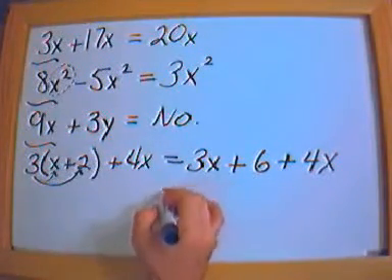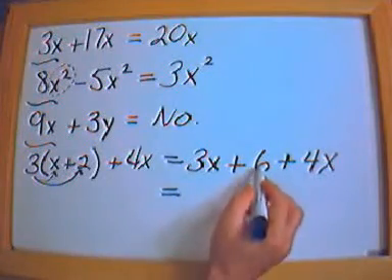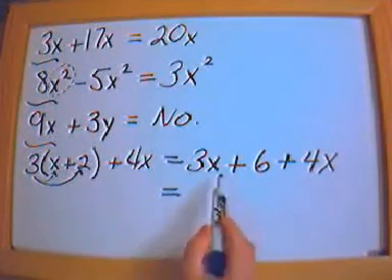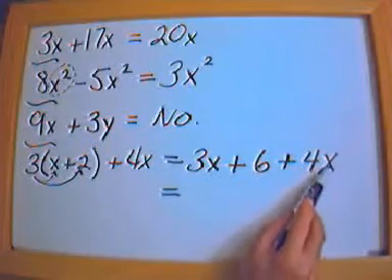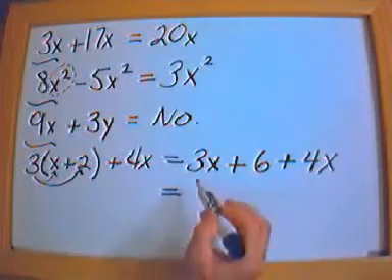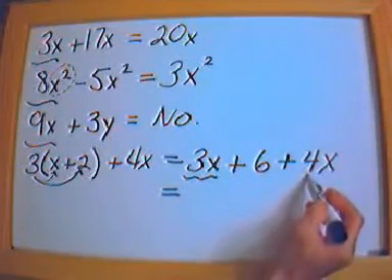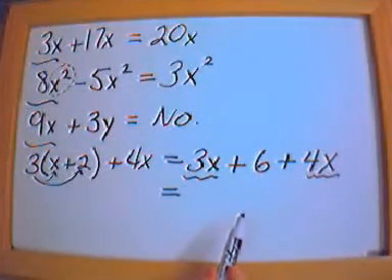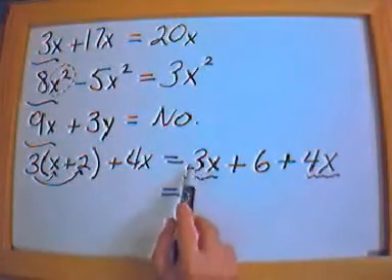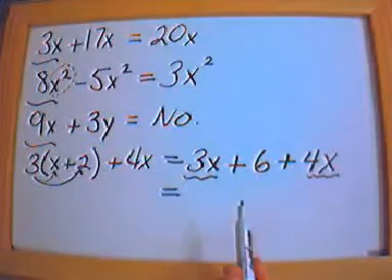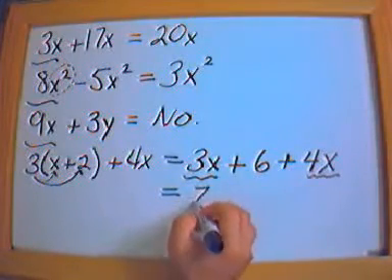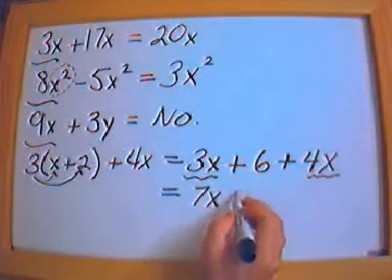Now what is this equal to? Well, the 6 is off by itself. There's nothing much you can do with it, but I have a 3x here and a 4x here. These are what we call like terms. They each consist of numbers multiplied by x. So I can add those together for a total of 7x, and then the 6 is just left over.